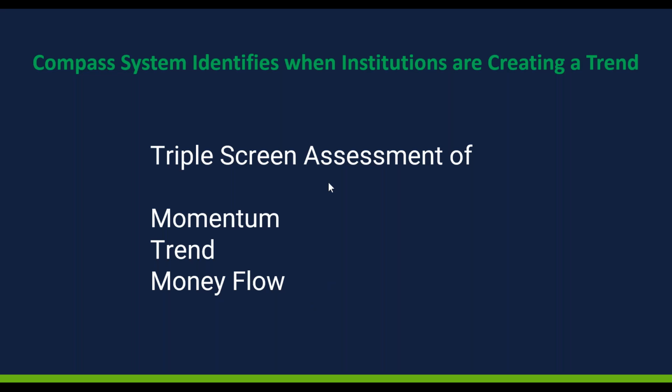And how does the Compass system identify these institutions? It looks at what's called a triple screen assessment. You might know it as a fractal or multi-time frame comparison. We look at 3 things. We look at momentum, and I've shown you the current time frame and multiple time frame momentum, and then trend.